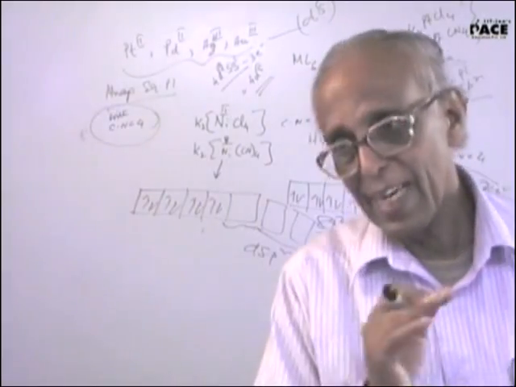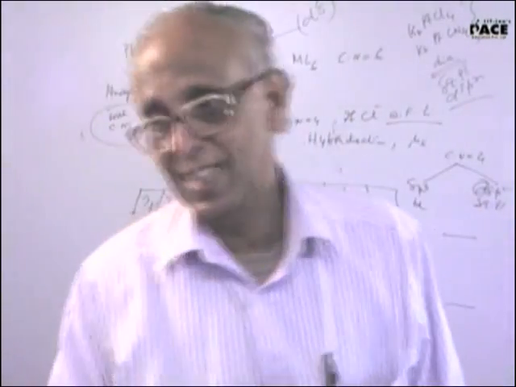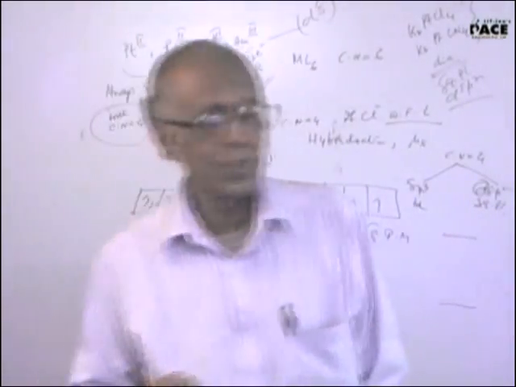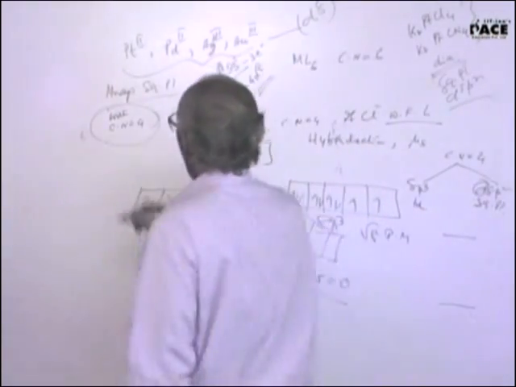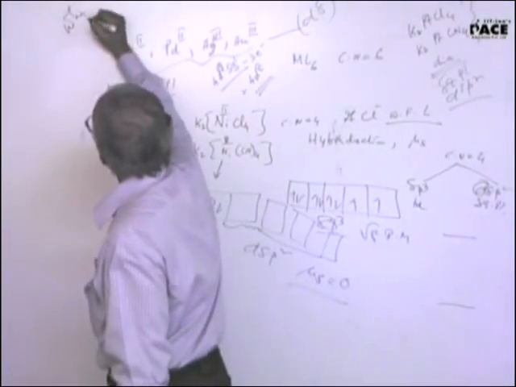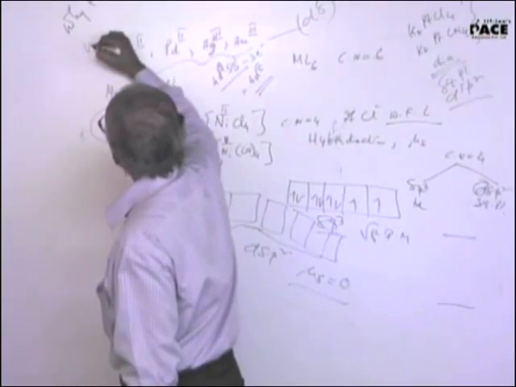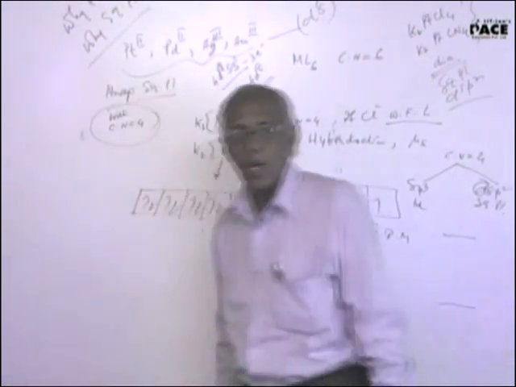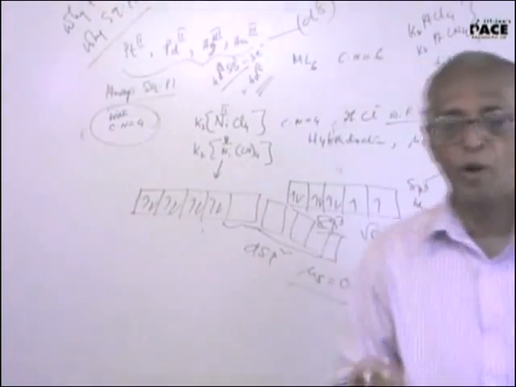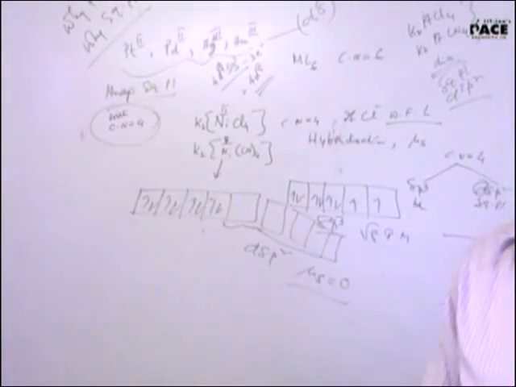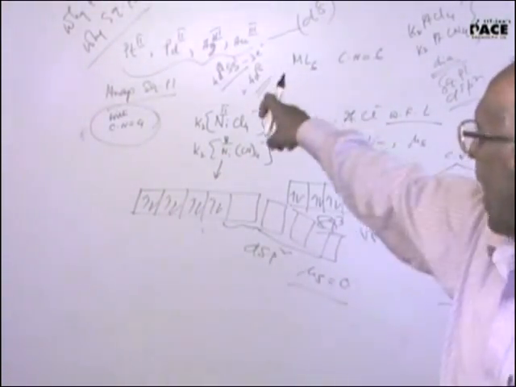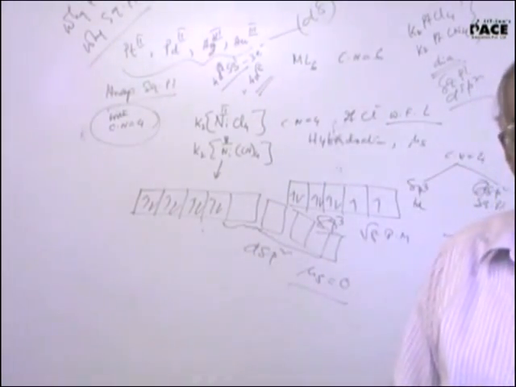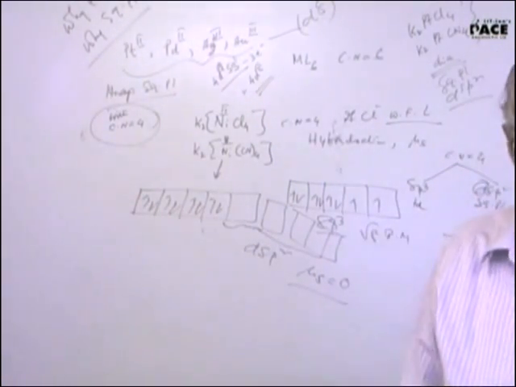Now there is another explanation. What is that explanation? Why tetrahedral? Why square planar? Why could nickel not form all square planar, whereas platinum or palladium form only square planar, no tetrahedral?